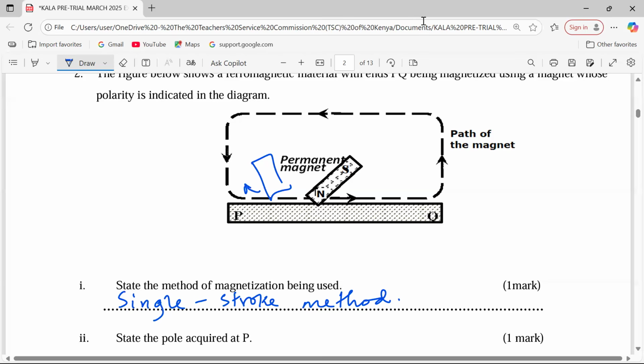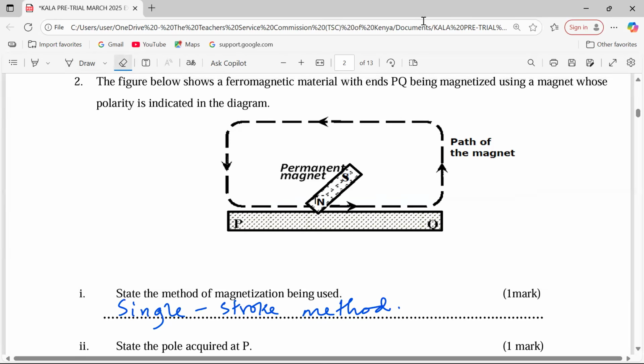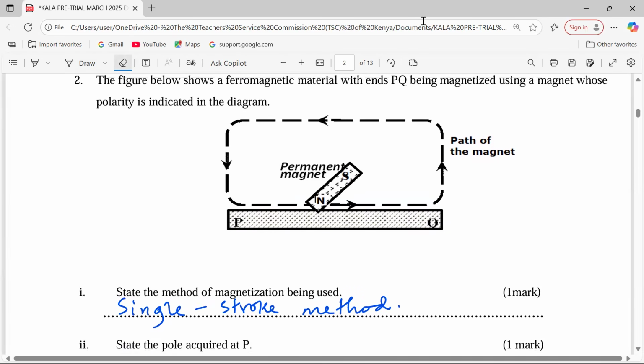Therefore, if you say that this method is stroking method, then you lose the mark because it is specifically single stroke method, not just stroking. So you have to be specific when called to be specific.